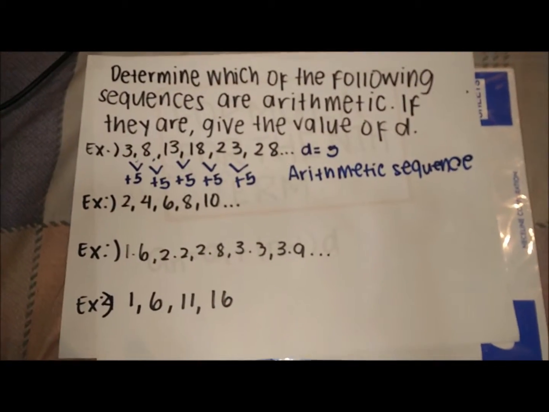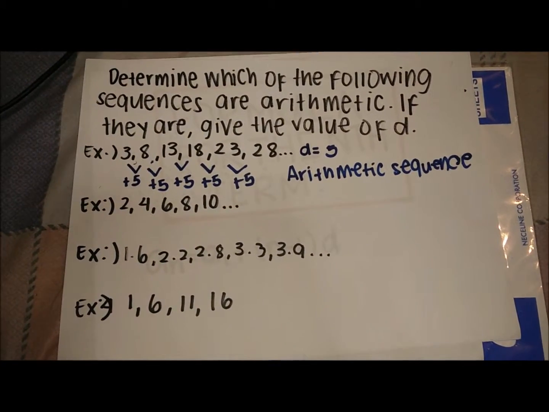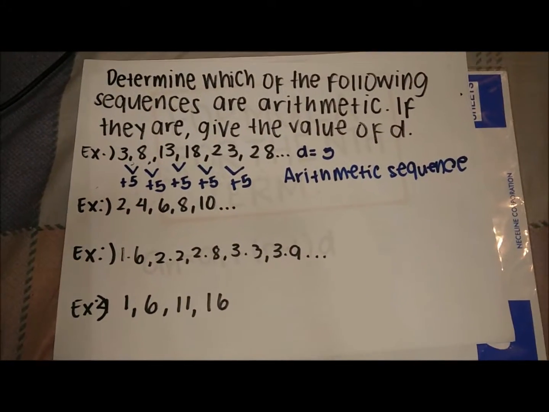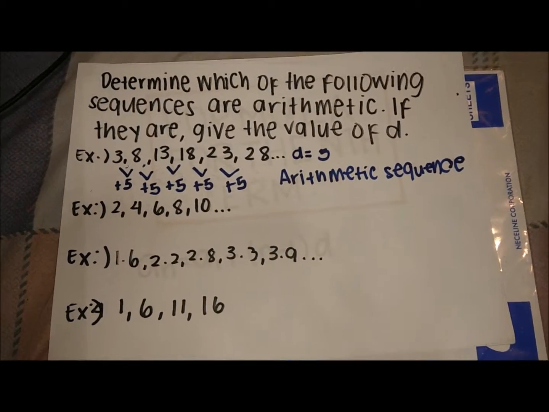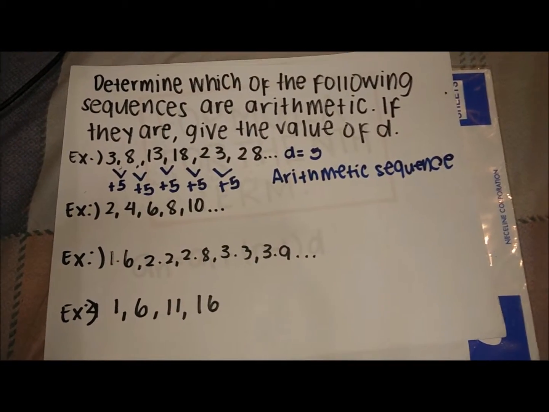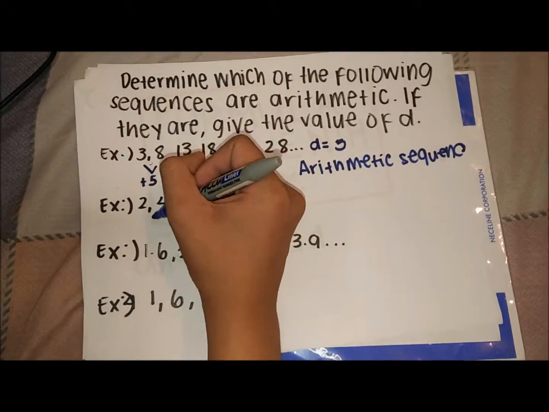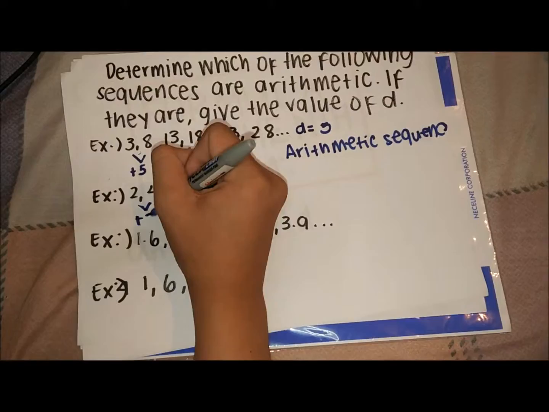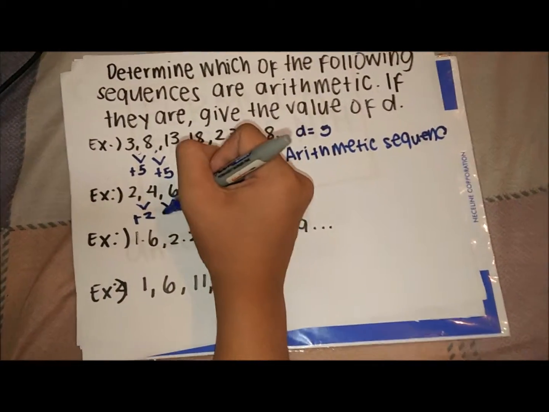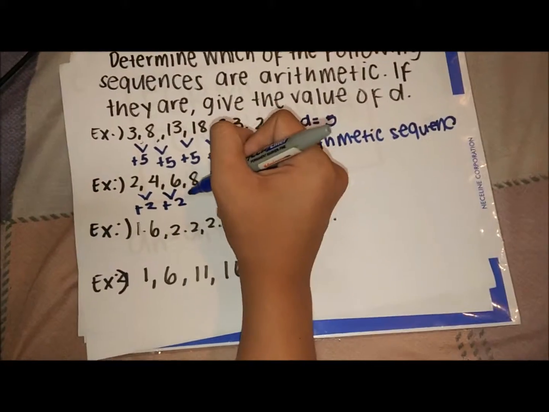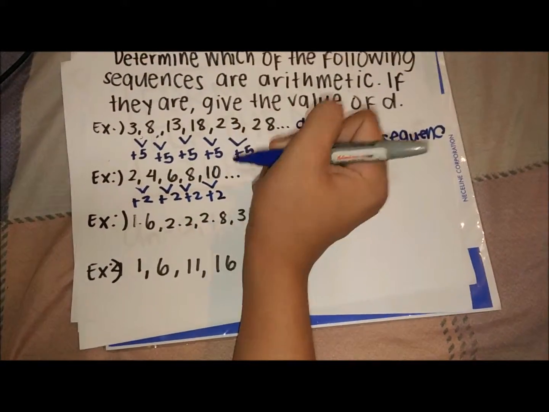The next example is the sequence 2, 4, 6, 8, 10. Seeing this, we can already say that it is an arithmetic sequence with a constant value of 2. Because going from 2 to 4, you need to add 2. From 4 to 6, you need another 2, and another 2, and another 2.